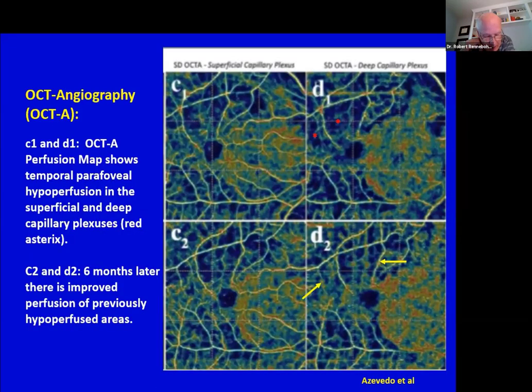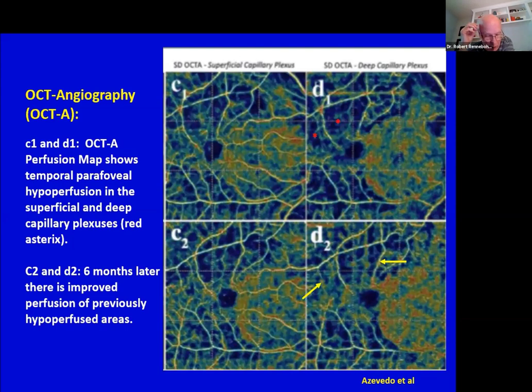OCT angiography has been of some interest. I'm not sure it's been very helpful, frankly, from a clinical standpoint. This perfusion map shows temporal parafoveal hypoperfusion in the superficial and deep capillary plexuses, the red asterisks.